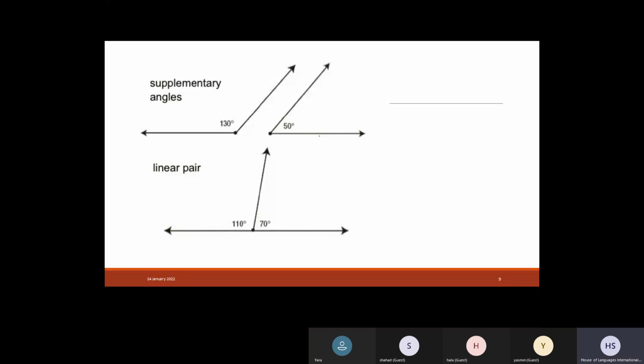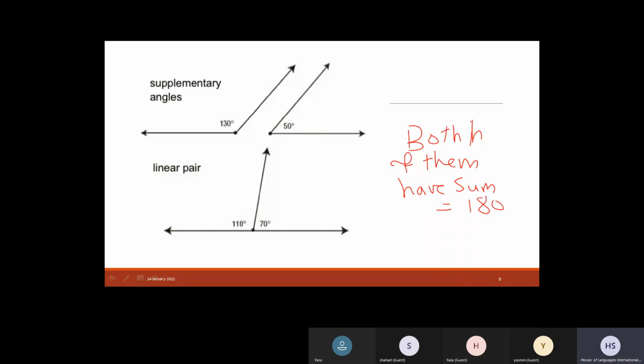The difference is that supplementary angles aren't on the same line, but the linear pair are on the same line. Both of them have the summation of 180.